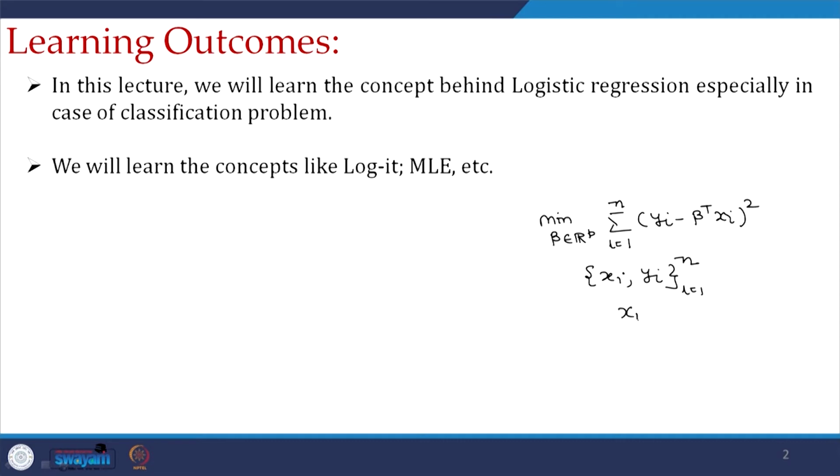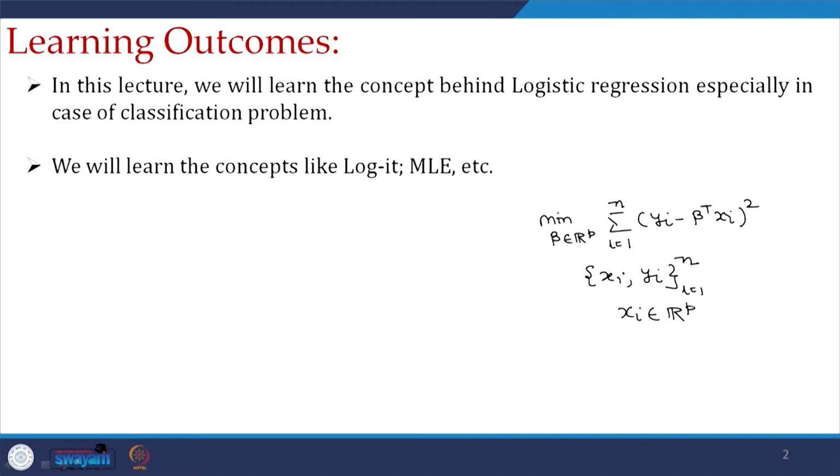And xi belongs to a p dimensional space, meaning p may be 1, so I have only one independent variable, or p may be 10, 20, 30. So, p is the number of independent variables. Now, when I solve this problem, I get a continuous y.